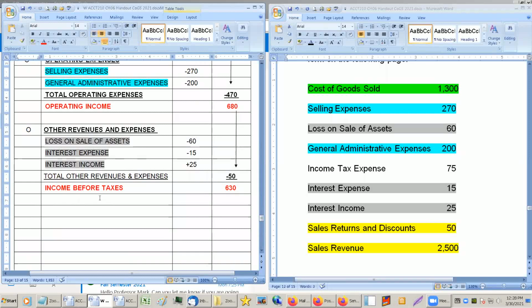Okay, the T of our SCOOT is our income tax expense. So it's taxes. Taxes always come at the very end. You'll pay taxes on this amount usually. And so they tell us that taxes are 75.